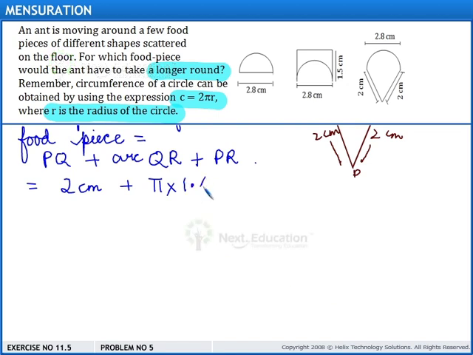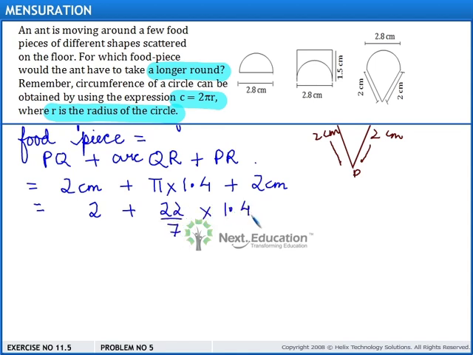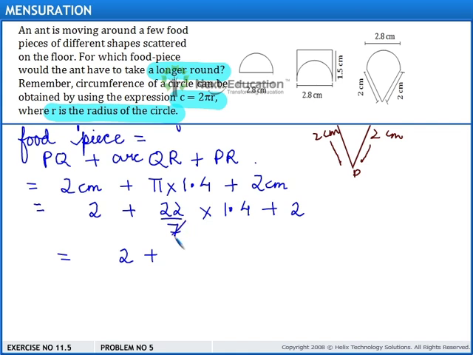So we have pi into 1.4 plus PR, which is again 2 centimeters. So this is equal to 2 plus 22 by 7 into 1.4 plus 2. 7 into 1 is 7, 7 into 0.2 is 1.4.